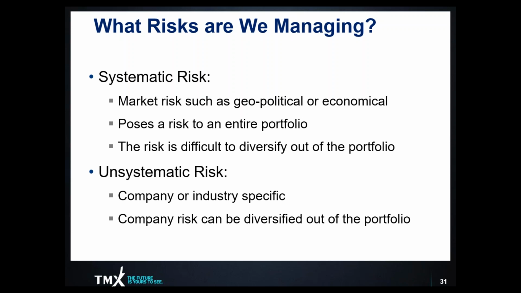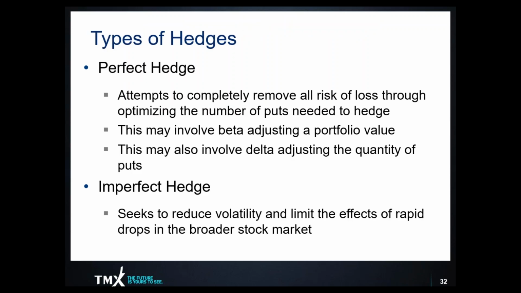But again, understanding the different types of risks and how they're going to impact your portfolio will also help with making an appropriate decision as far as what to use as a hedge and how to use it.